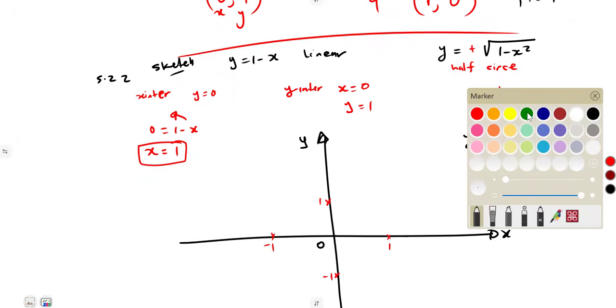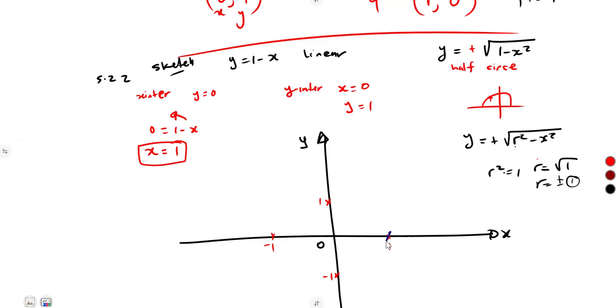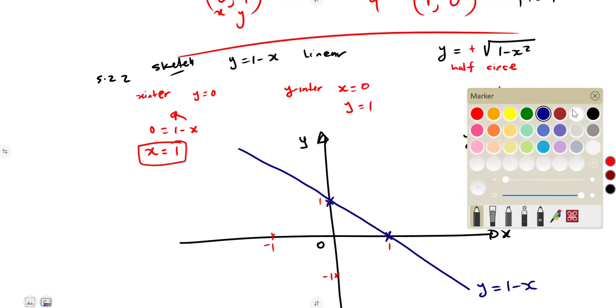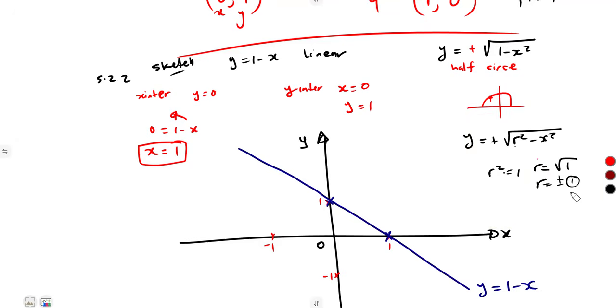The x-intercept is positive 1 and the y-intercept is positive 1. So that's a straight line. All right, this is just a sketch, guys: y is equal to 1 minus x.